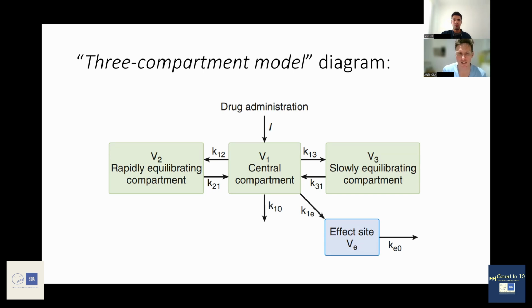So the answer to the question of what happens if you walk away at the end of the first minute and come back at the end of the second minute is that there is still 27 milligrams leaving V1, but there is 0.61 milligrams coming back to V1. So the concentration in V1 would not be 73 divided by 20 litres.